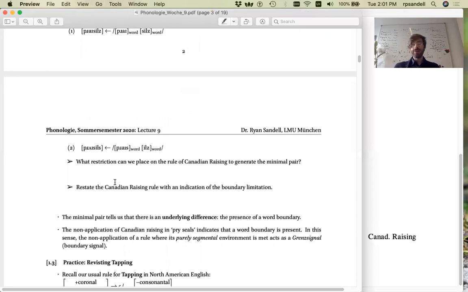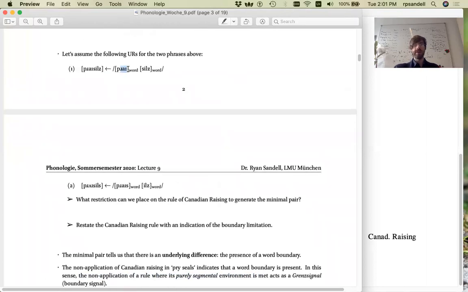So now in this case, we can also see how phonological processes, that is the application or non-application of a phonological process, can act as a sort of so-called boundary signal. This term derives from the work of Trubetzkoy, who uses the term Grenzsignal to indicate that when we find that a rule doesn't apply where its purely segmental environment would be met, that indicates that a word boundary is present.